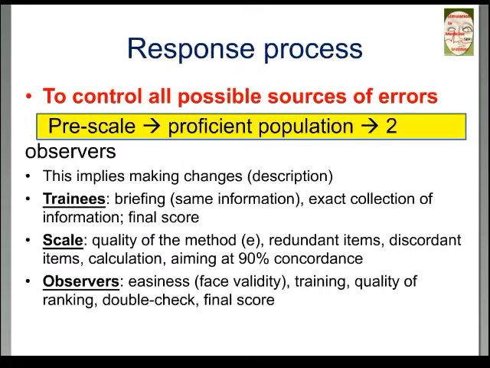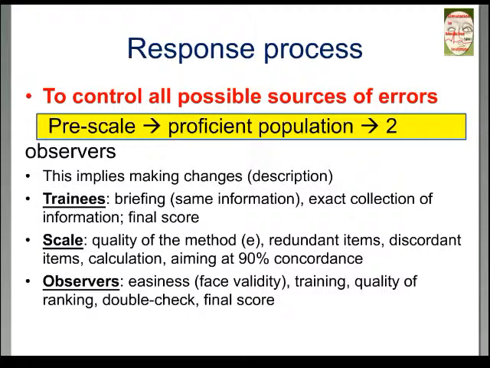Second step of the validation process of the scale, the response process. The aim of this step is to control all possible sources of errors, which implies making changes of the content and/or writing of the items of the prescale.